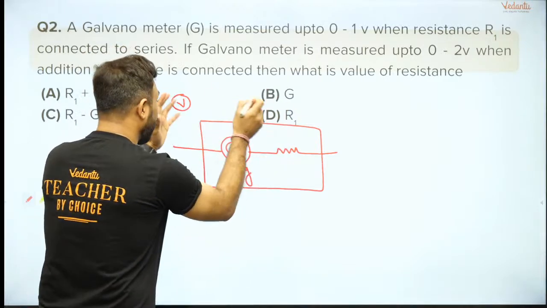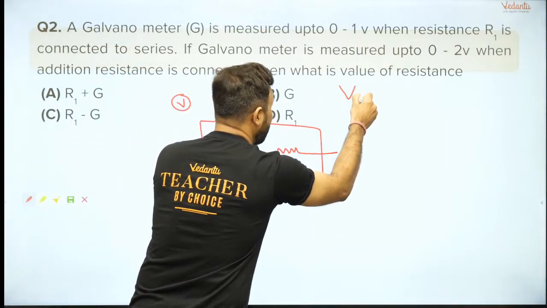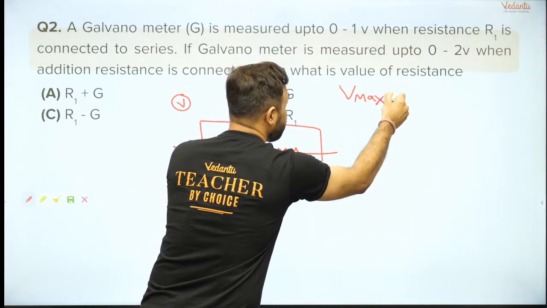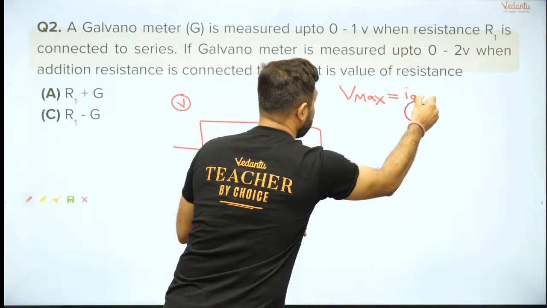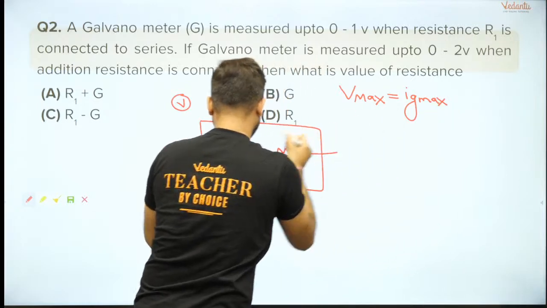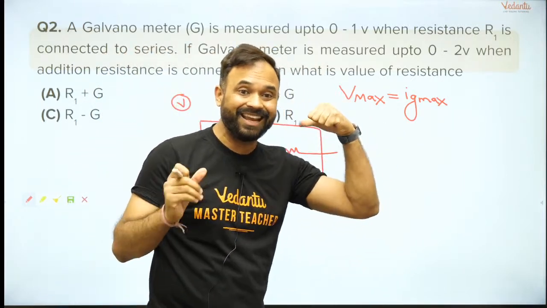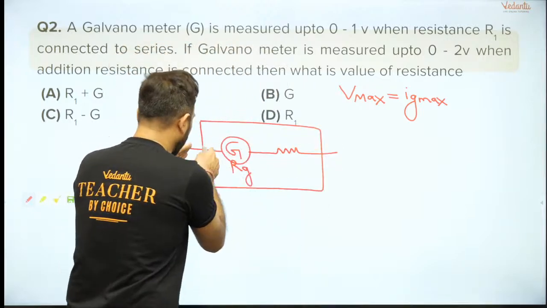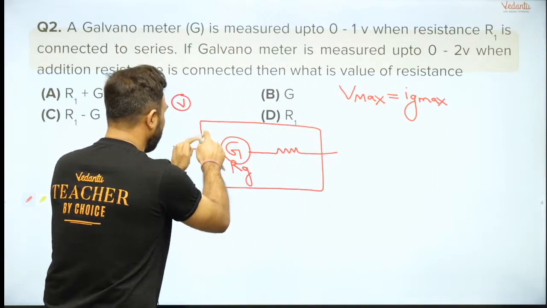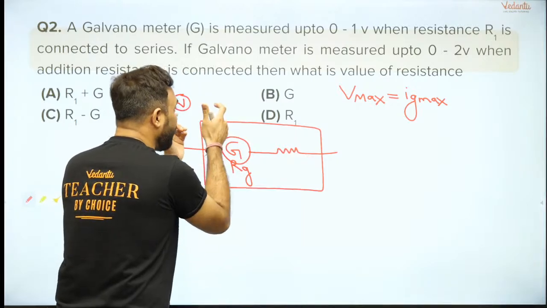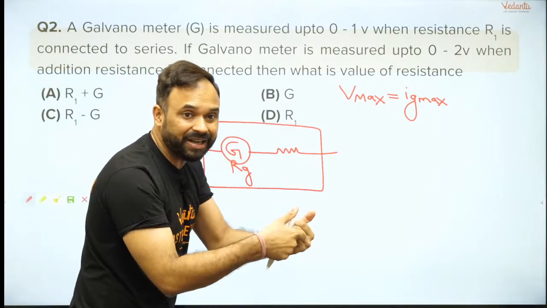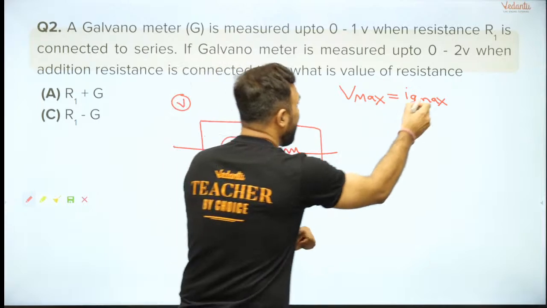Now, a galvanometer will have a known resistance Rg, and you can connect some resistance in series with this to make it a voltmeter, and then this voltmeter can measure a maximum voltage Vmax, which we define as Ig max, the maximum deflection current that this galvanometer can sustain.